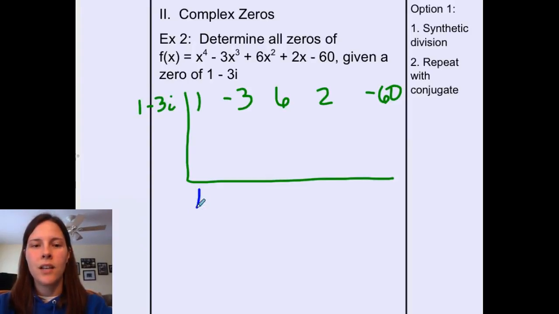Dropping the 1, multiplying by the 1 minus 3i. Adding. Remember, when you add here, you can only add the like terms. So I will add my -3 to my real number of 1 to get -2. The minus 3i stays as a -3i.